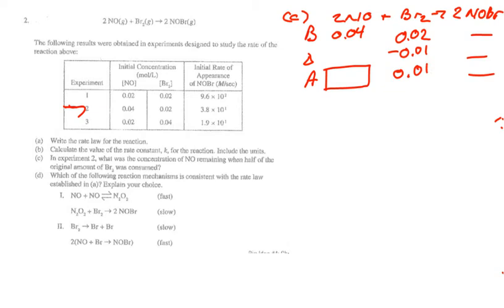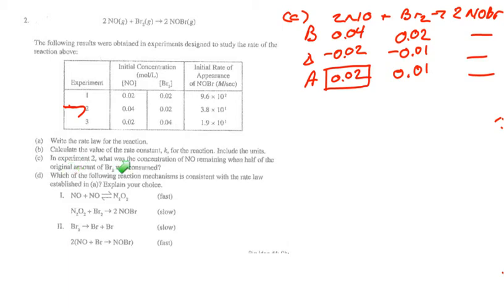And of course, if this one is changing by 1 times, this one's changing by twice as much. So instead of a change of 0.01, we're going to get a change of 0.02 here. So losing 0.02, and in the end we're going to have 0.02 left over. And I think that should be the answer. Let's look.